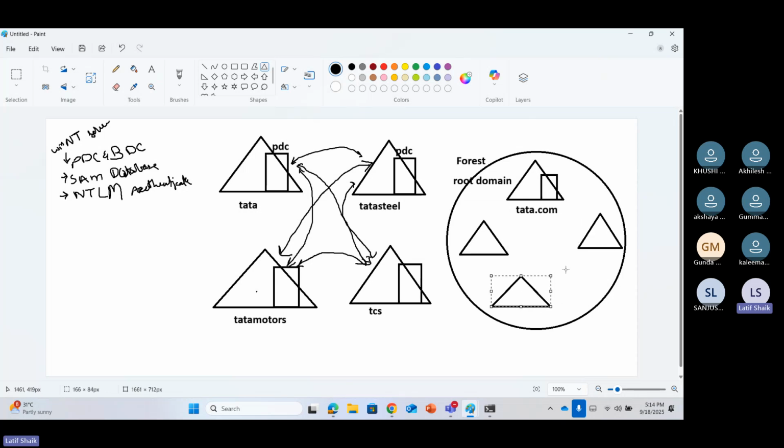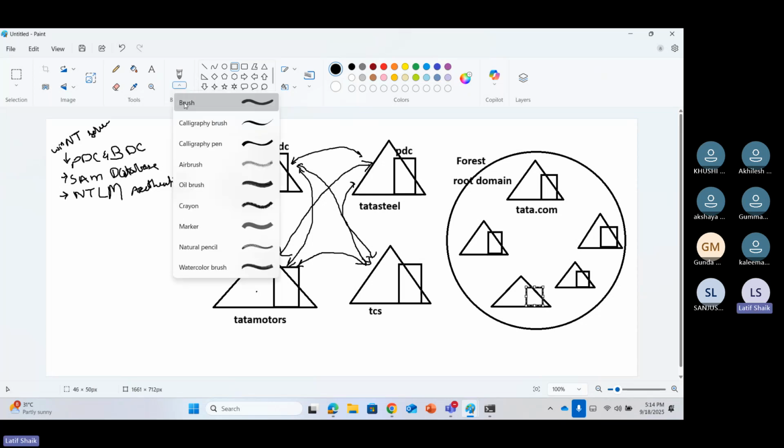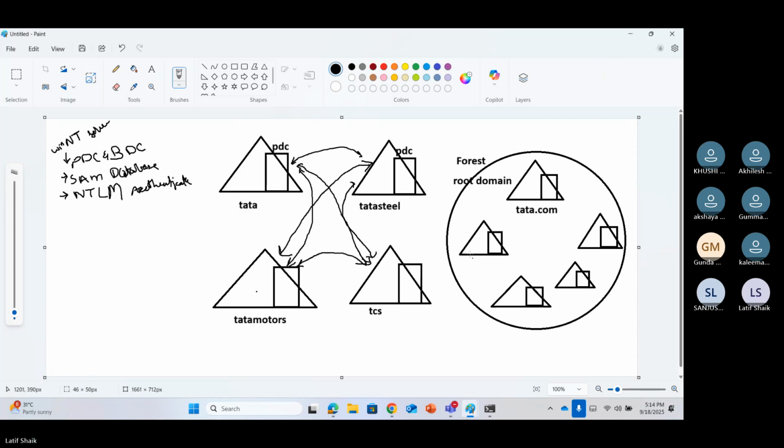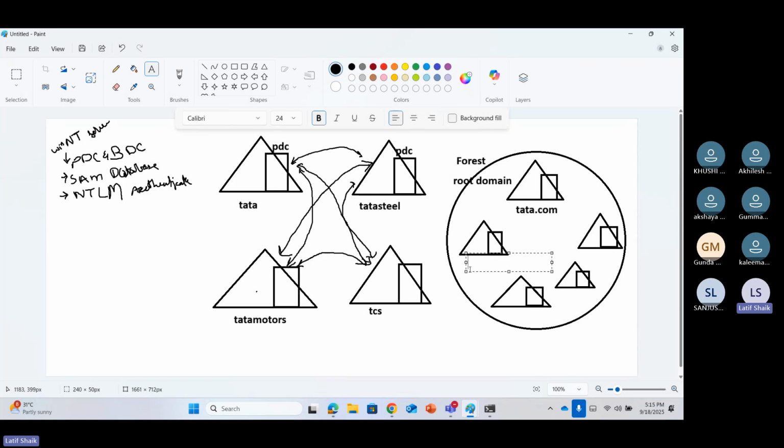Each organization has its own domain controllers, right? When organizations are created, individual organizations have their own domain and domain controller. But all belong to Tata, so obviously it is under Tata.com. It's under the forest only. These are called tree domains.